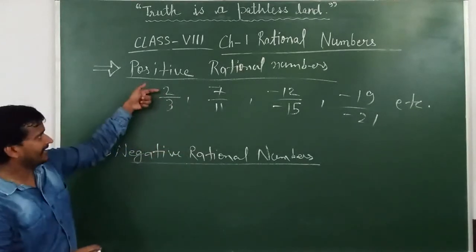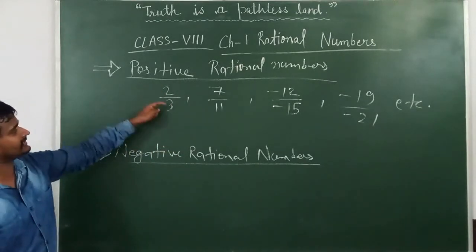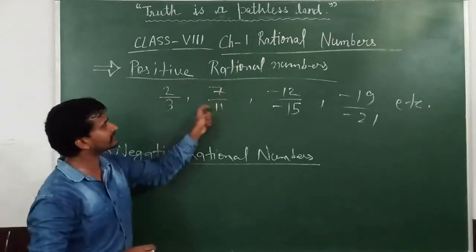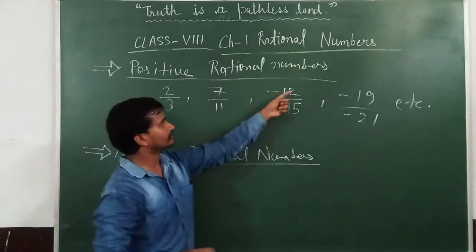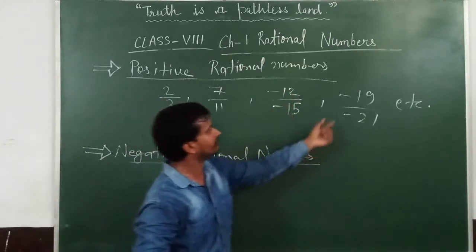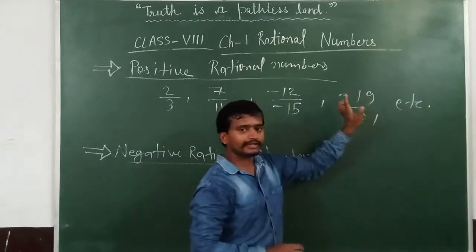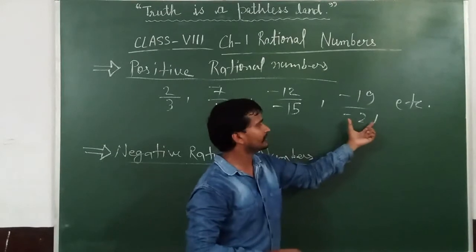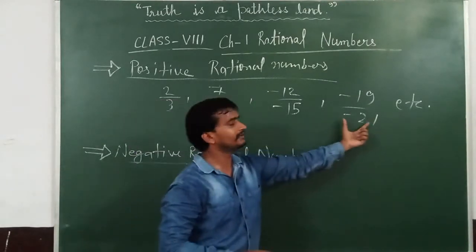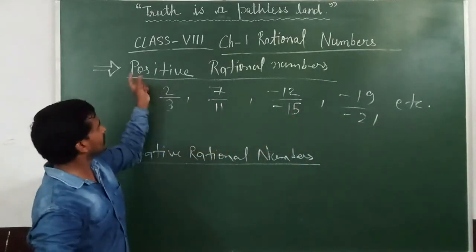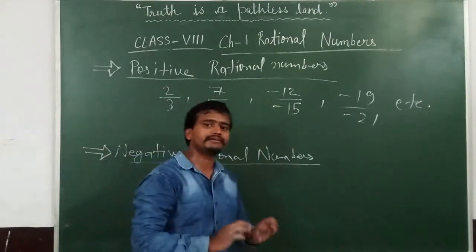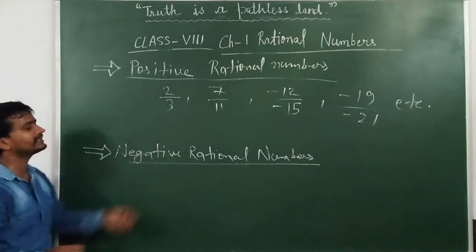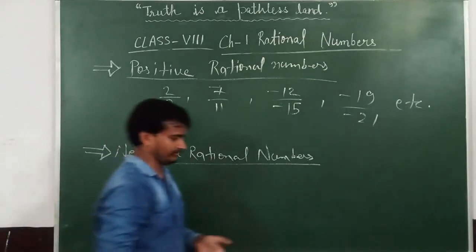Here 2 is a positive integer, 3 is a positive integer. In this example, 7 is a positive integer, 11 is a positive integer. Here 12 is negative, 15 is negative. In -19, 19 is a negative integer, 21 is also a negative integer. So we can say in positive rational numbers, the sign of both numerator and denominator is the same. In negative rational numbers, the reverse condition occurs.